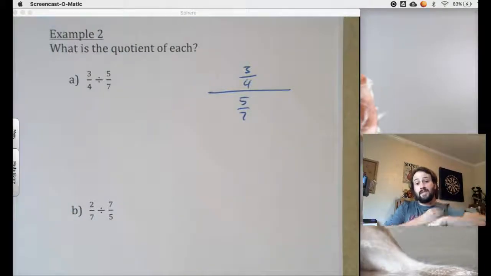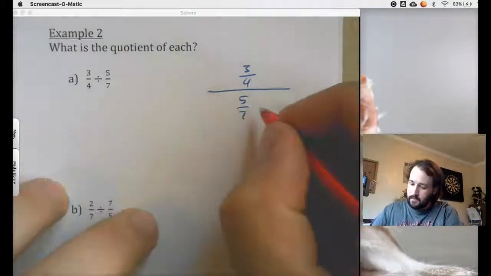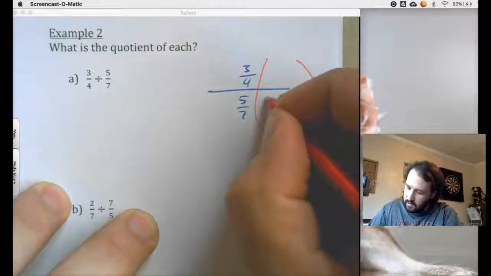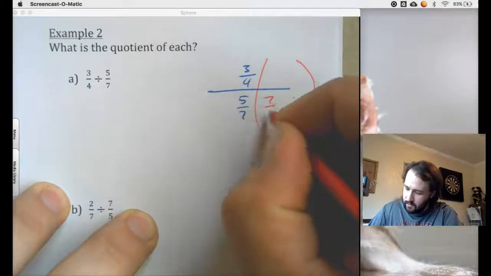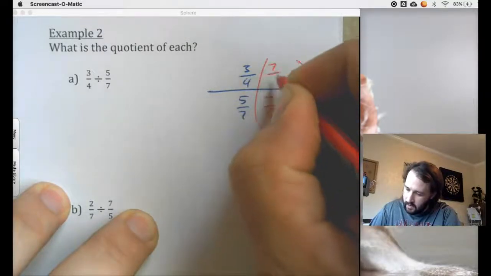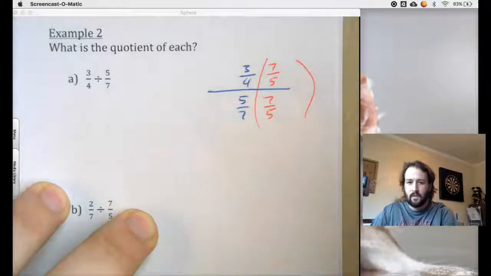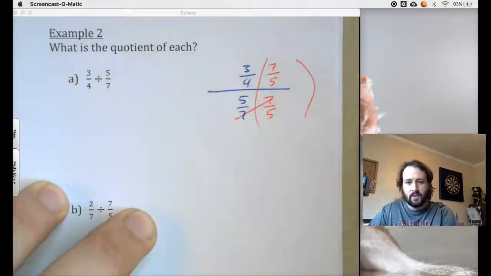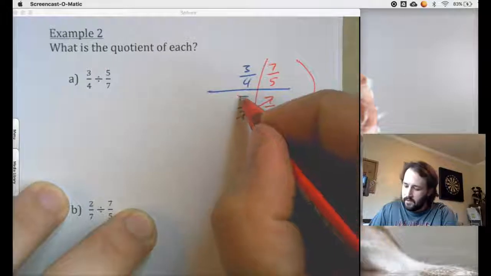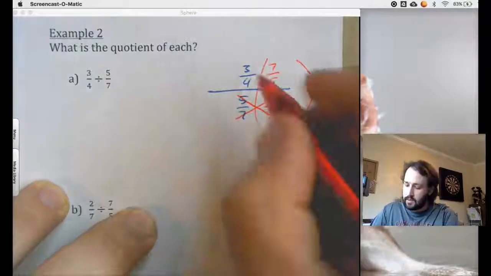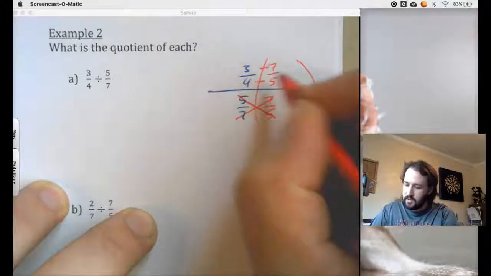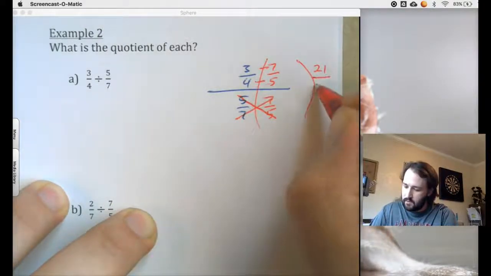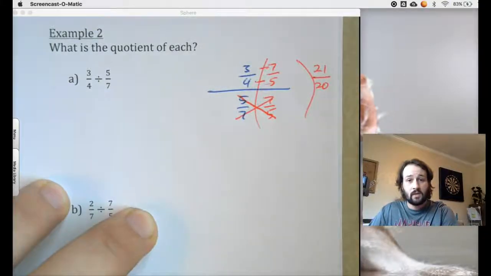So what mathematicians did is they said, if I multiply this whole thing by an ugly fraction, 7 over 5 divided by 7 over 5, then in our denominator 7 divided by 7 makes 1, 5 divided by 5 makes 1, and now it's just straight multiplication. So this turns into 3 times 7, which would be 21, over 4 times 5, which would be 20. That made our lives a lot easier.